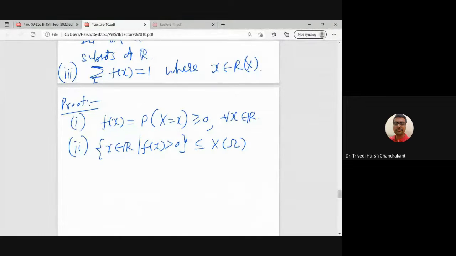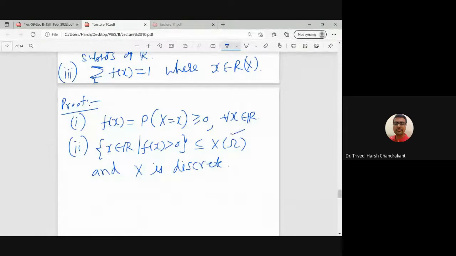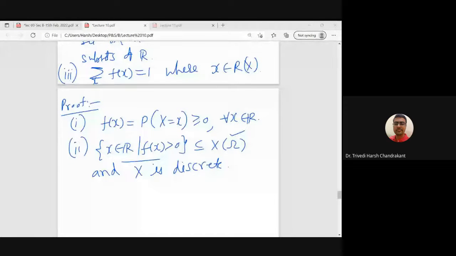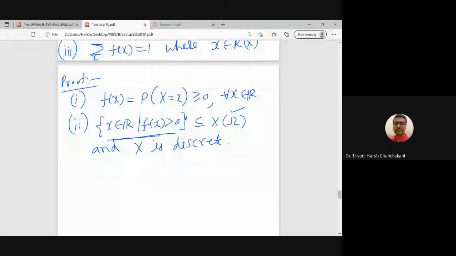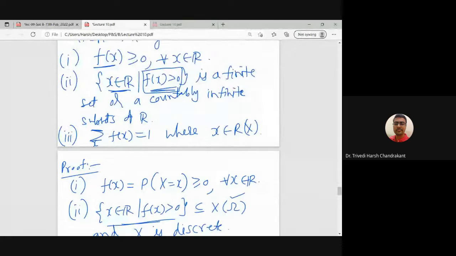And X is discrete, which means the range is finite or countable. So all its subsets should also be finite or countable. Therefore, this set is a finite or countable set. So that is the second property.